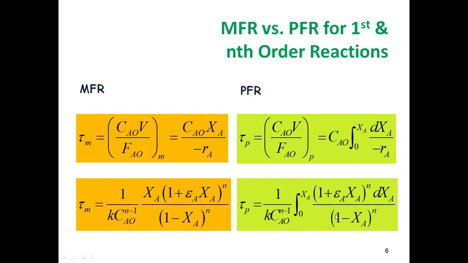So you go back to the performance equations, whether, take note of whether it is the space-time that you want to account between these two, the MFR and the PFR, or whether it's the size.